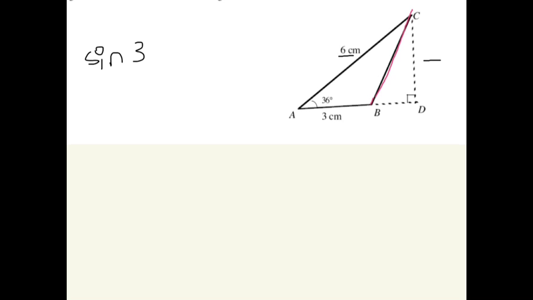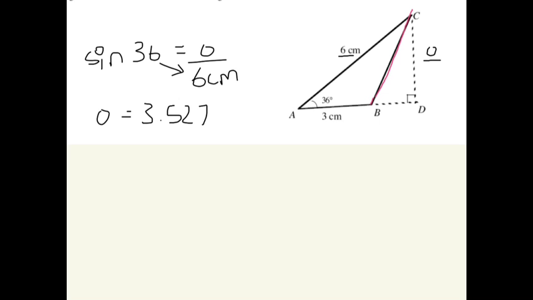So sine 36 is equal, we'll call this O, over your hypotenuse, which is 6 centimeters. When you do the math, you multiply sine 36 times 6. You will end up with O being about 3.527. Keep about 3 or 4 decimal places. This, of course, is going to be side CD.